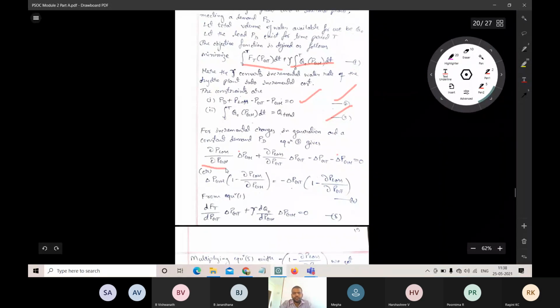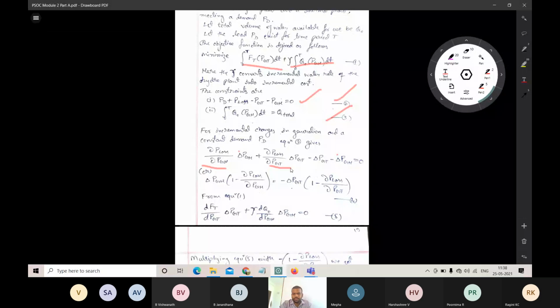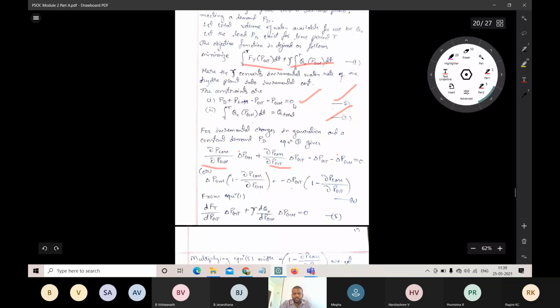This part gives the amount of power lost at the time of generation of power using hydro, this part gives the amount of power lost at the time of generation using thermal, and this is the amount of power generated using thermal and hydro.